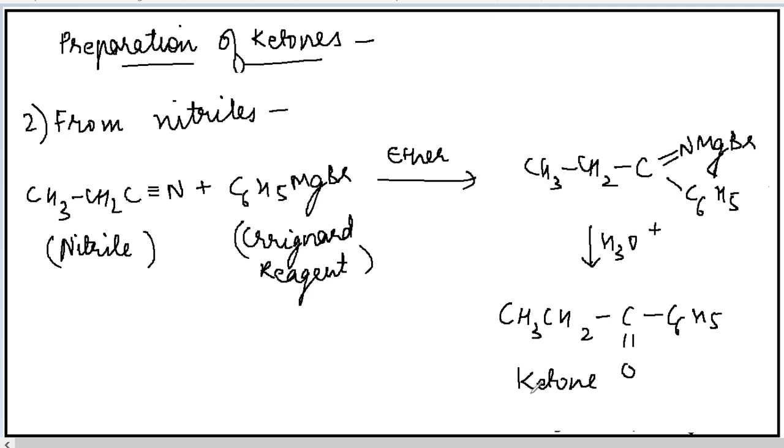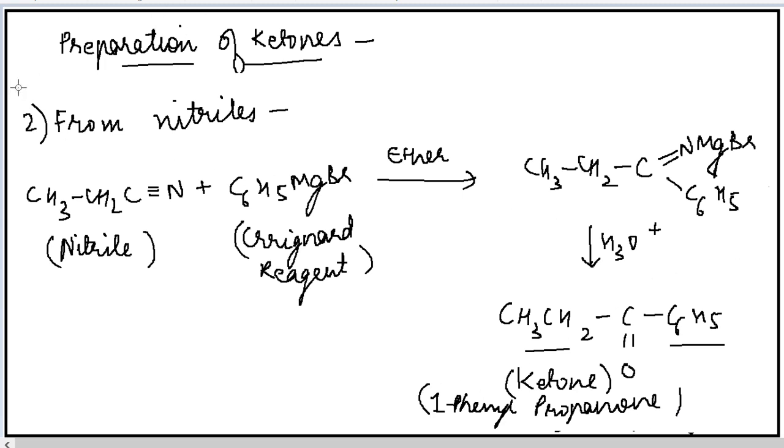This is a mixed ketone, because on either side of the carbonyl functional group, both the alkyl groups are different. Here it has ethyl and here it has phenyl. So the name of this ketone is 1-phenylpropanone.